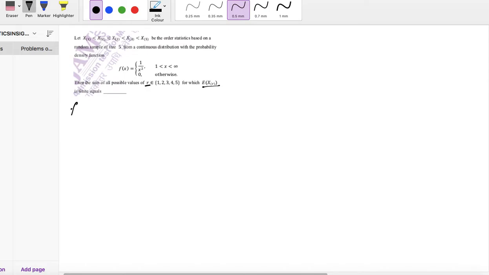the PDF of the Rth order statistic is 1 by beta r, n minus r plus 1, F to the power r minus 1 of x, 1 minus F of x to the power n minus r, and f of x.